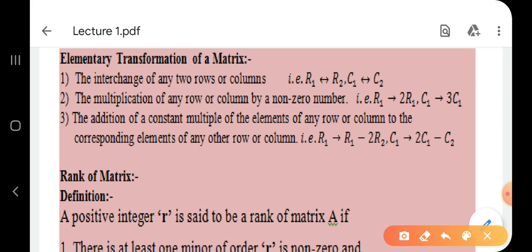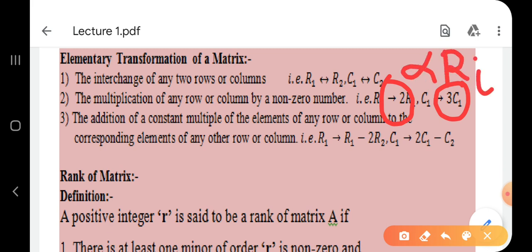Then we can multiply some rows by a certain number, a non-zero real number, just like here 2R1, then 3C1. So we can multiply by some numbers. In general we write alpha Ri, where alpha is some real number, or alpha Ci.